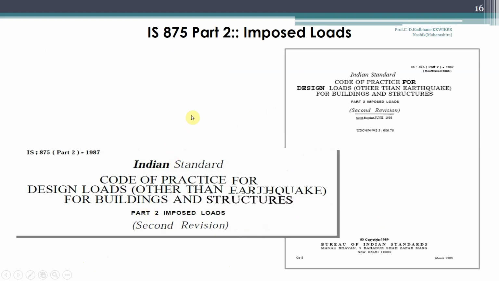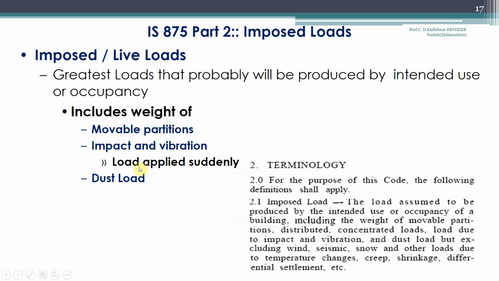Now let us learn the next load, that is the imposed load. IS 875 part 2 provides us information regarding imposed loads or live loads. This is a scanned face sheet of IS 875 part 2, and this is the enlarged heading or title of IS 875 part 2.